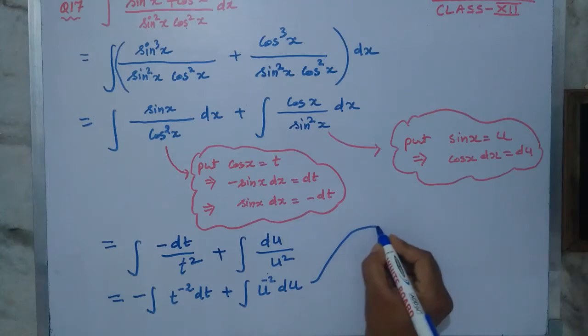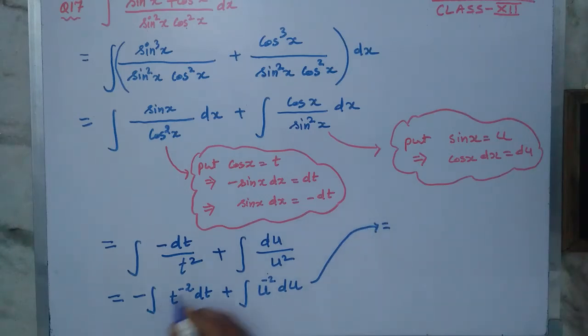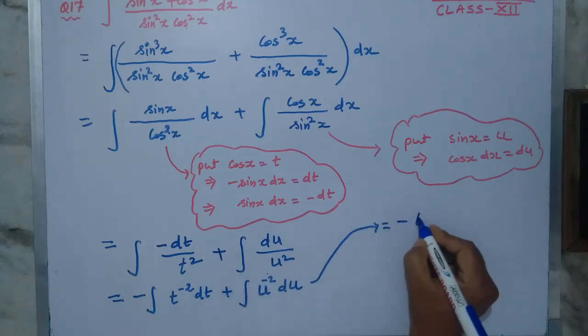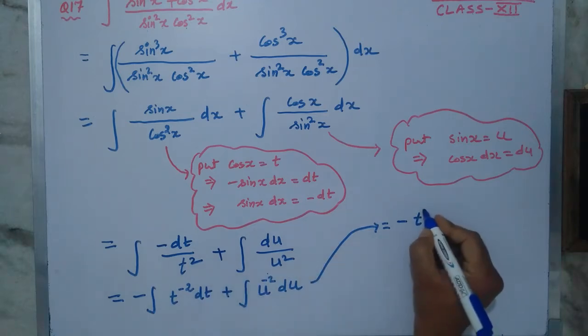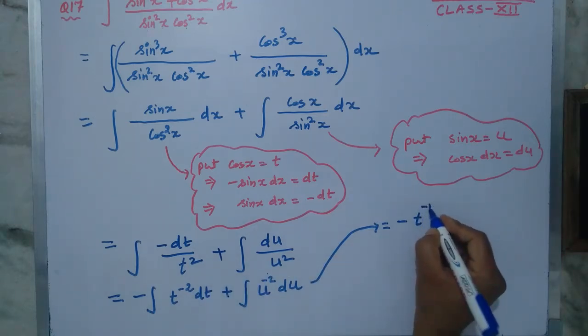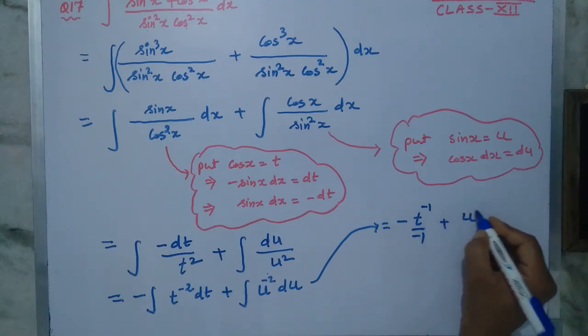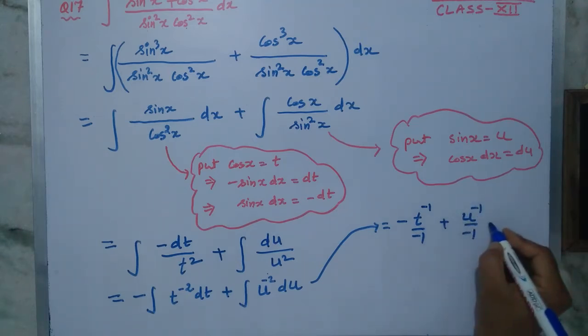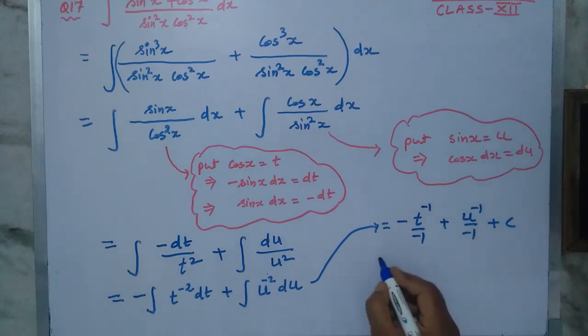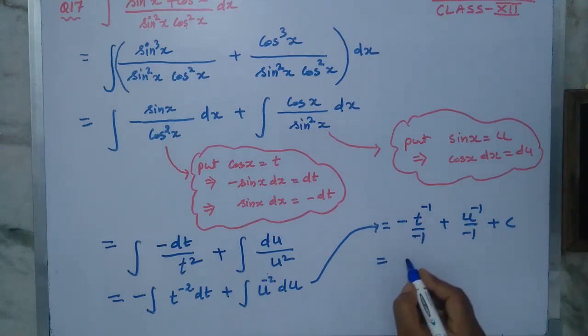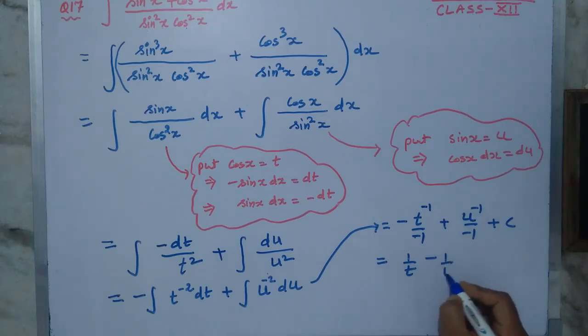So this is equal to minus t raised to power minus 2 plus 1 upon minus 2 plus 1, plus u raised to power minus 2 plus 1 upon minus 2 plus 1, plus c. So finally, minus minus plus 1 upon t minus 1 upon u plus c.